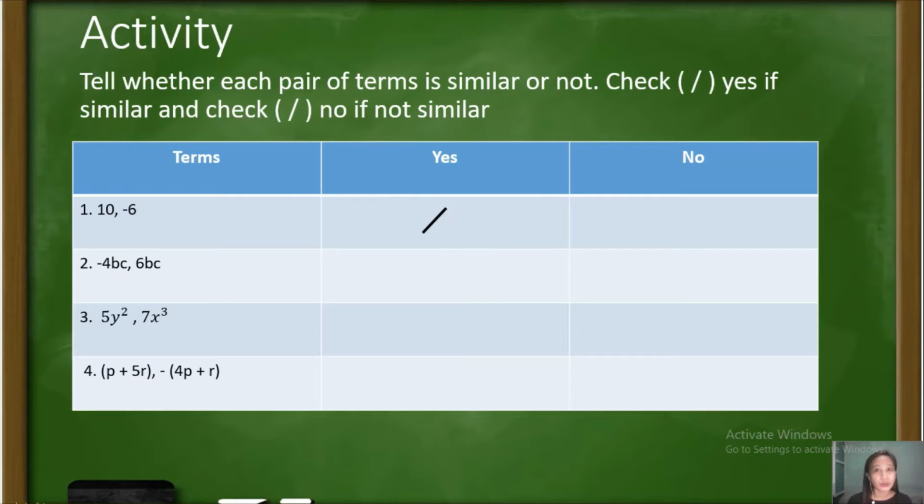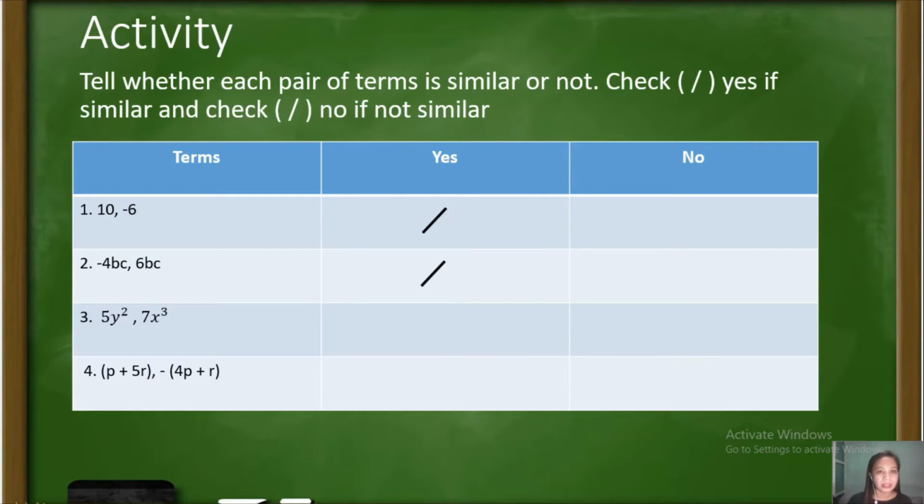Are they similar or not? As you can see, they have the variable bc. So therefore, yes, they are similar. Kasi nga, yung variable nila is the same.